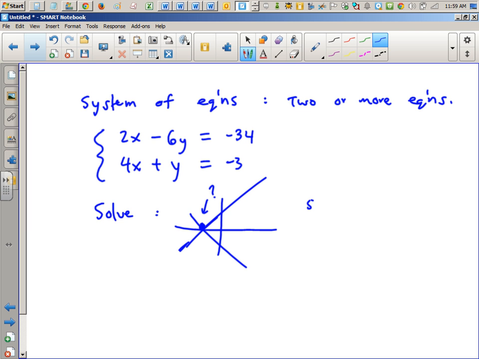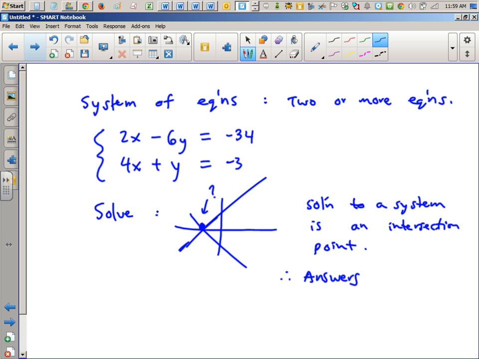So the solution to the system is an intersection point. Which means you're going to have to write your answers in ordered pair form. So therefore, your answers should be written as x comma y.